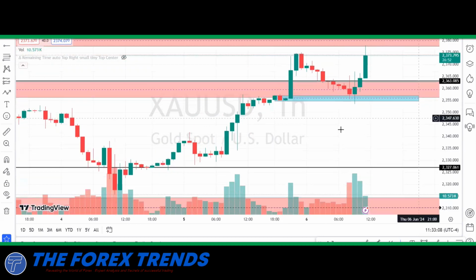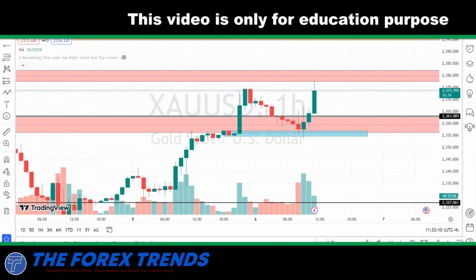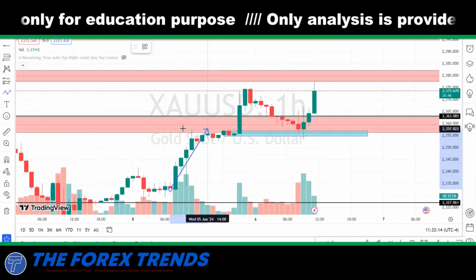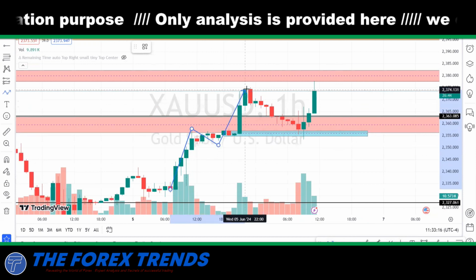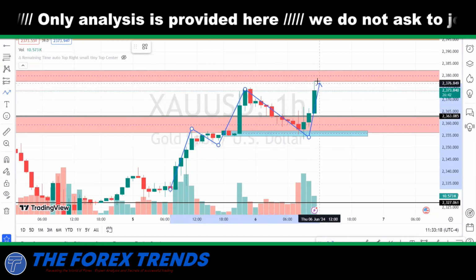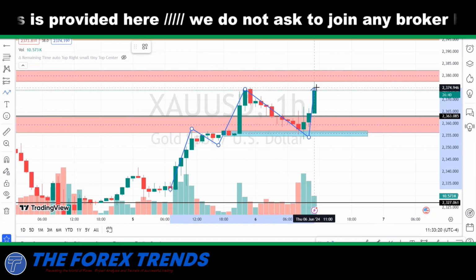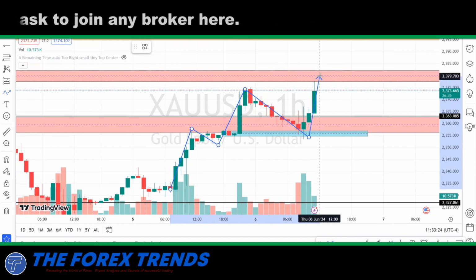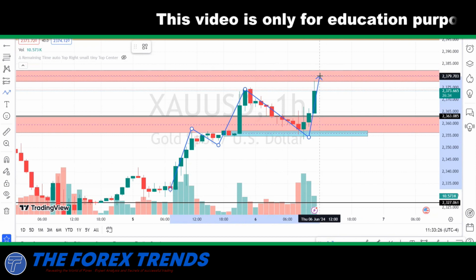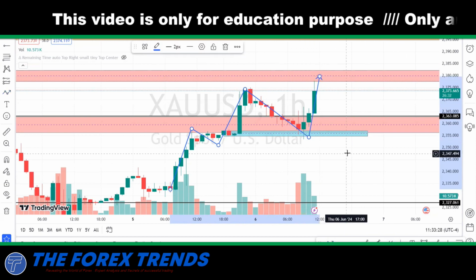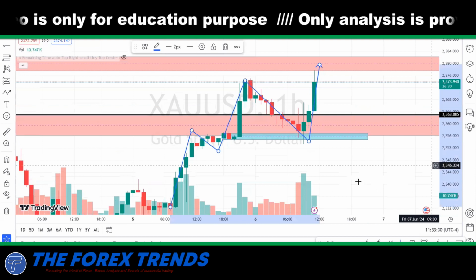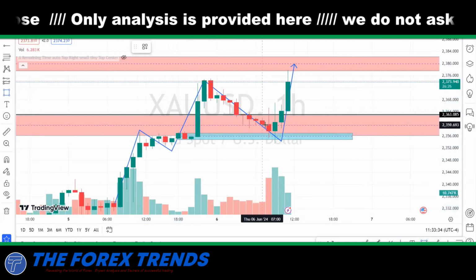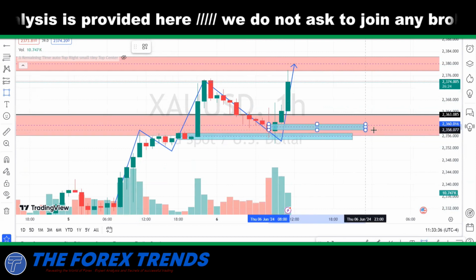If you see, as per the structure in the 1 hour frame, if it closes above this level, that is the 2374 level, we have another buy position from this zone.